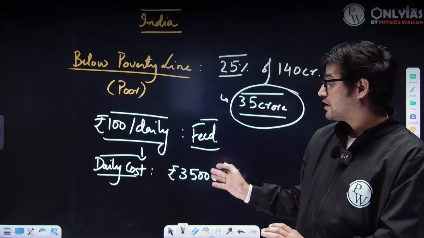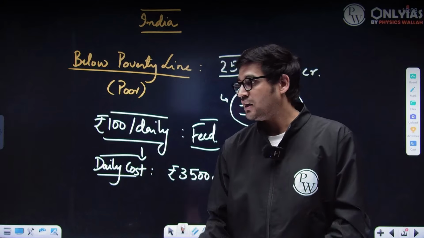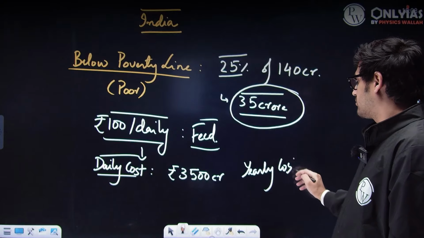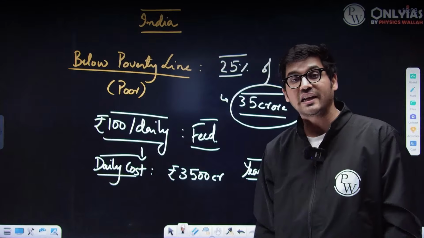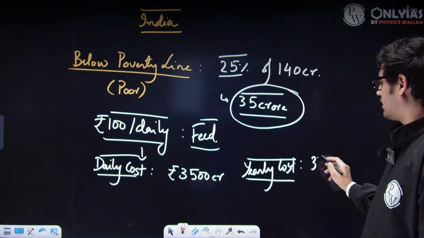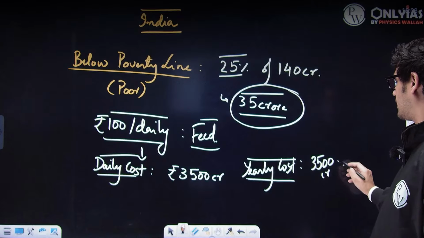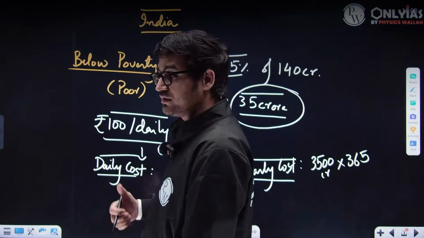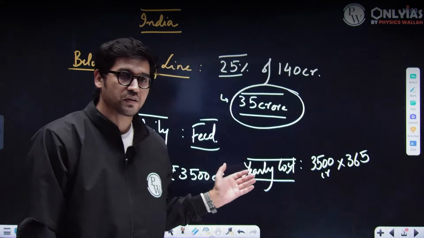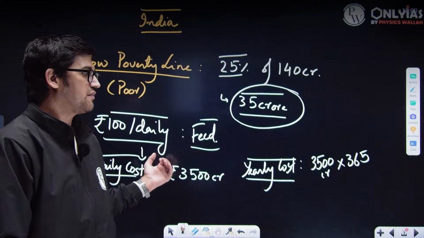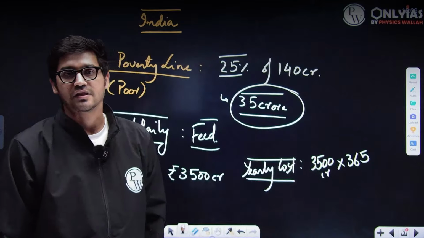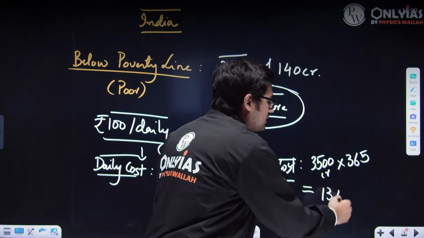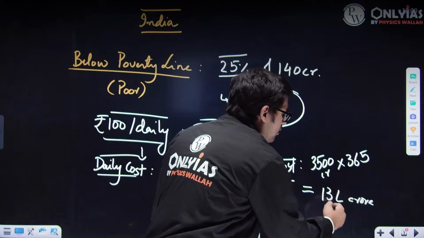Now 3,500 crore rupees per day would mean that the yearly cost to the government will come out to be roughly around 3,500 crores multiplied by 365. The daily cost is 3,500 crore rupees. Obviously, the yearly cost would be 3,500 crores multiplied by 365, which is closer to around, if I'm not mistaken, 13 lakh crore rupees.